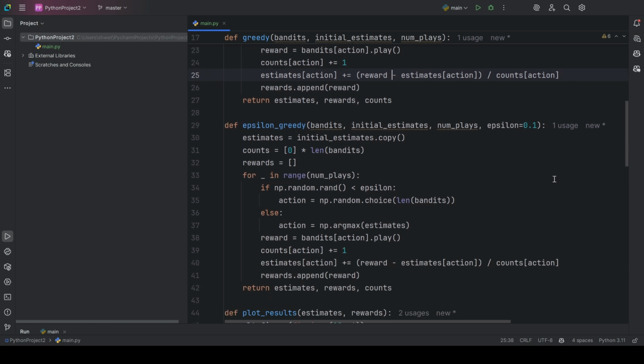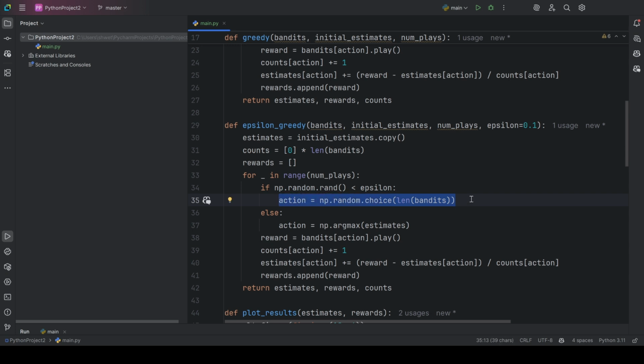We do something similar for epsilon greedy, but instead of choosing the best action all the time, we pick a random action with probability epsilon. So we have the estimates, list of counts, and a list of rewards. With the probability of epsilon, we pick a random action.